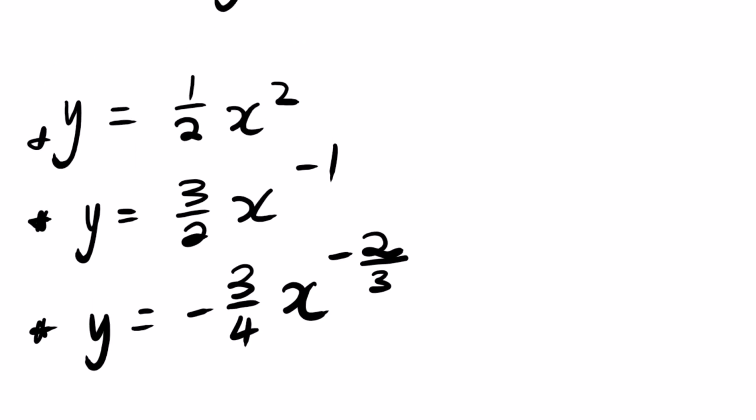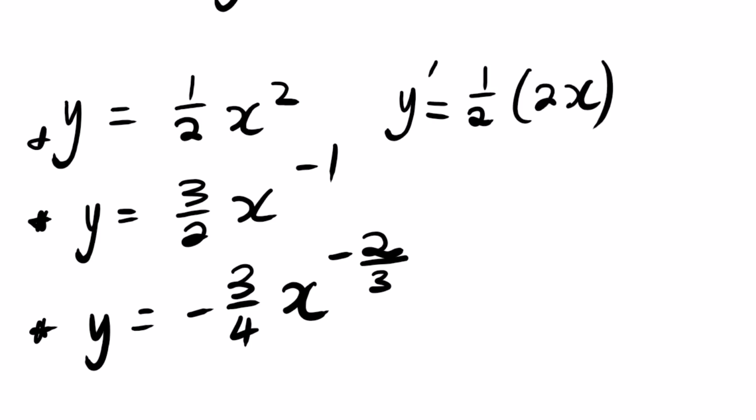Now the first one, the derivative of this will be 1 over 2. And then we have 2 over 2x, and then this will be 1x.